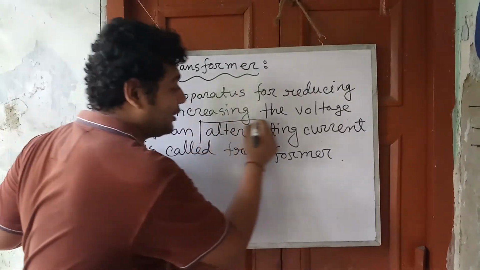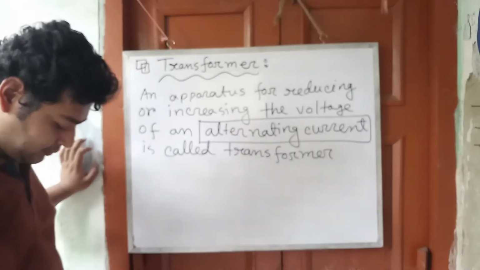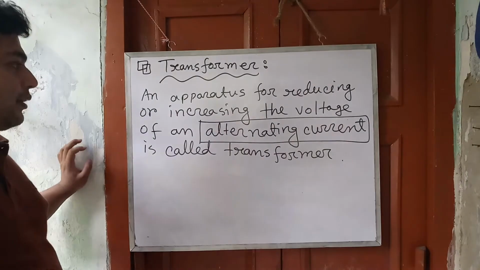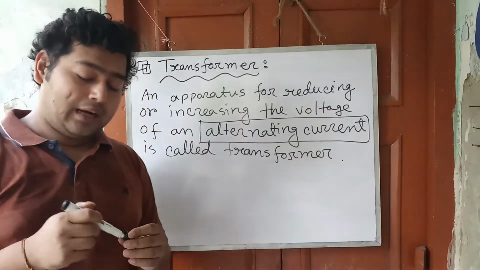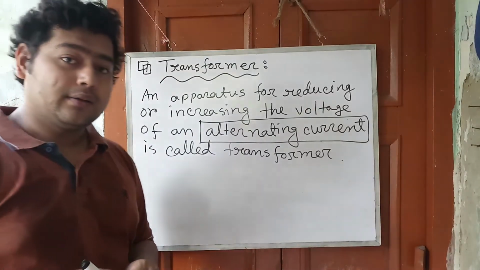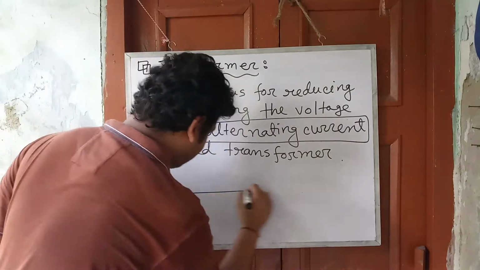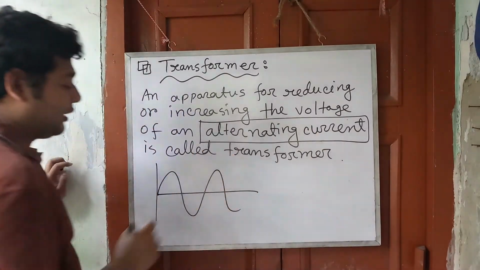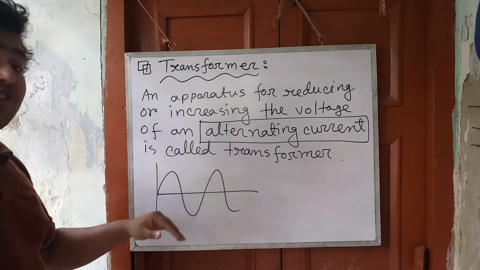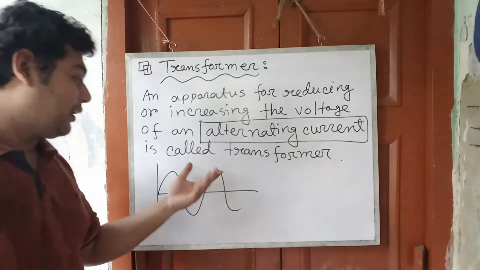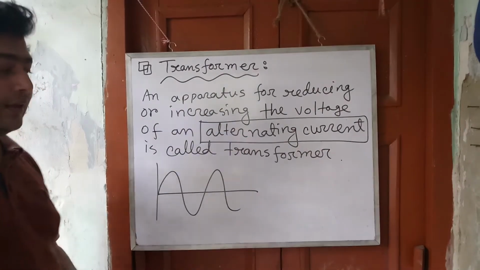Here we will use AC current. What is AC current? The current which always changes its direction at many points is called alternating current.